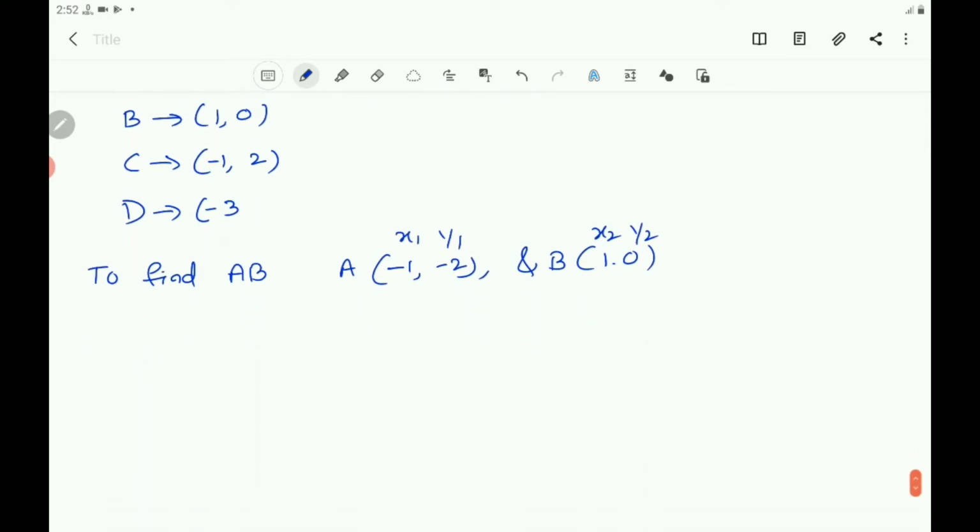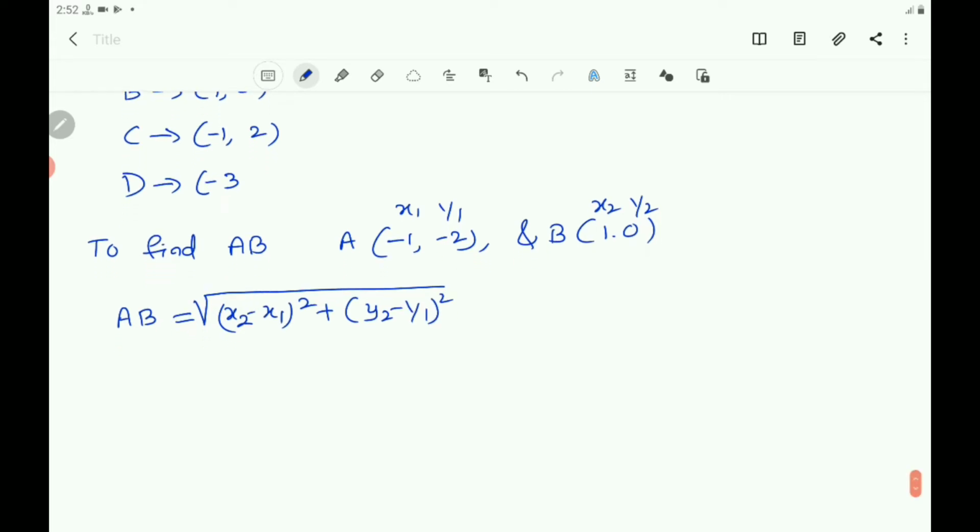Then you find AB. AB means the distance between A and B. The distance formula is to be taken here. What is the distance formula? AB equals square root of x2 minus x1 whole square plus y2 minus y1 whole square.